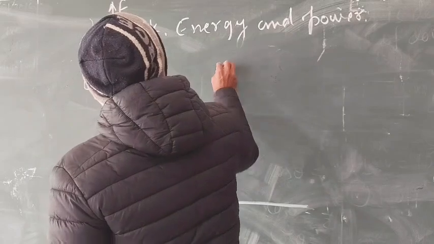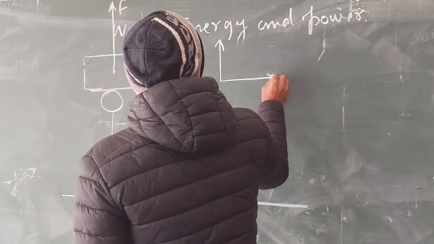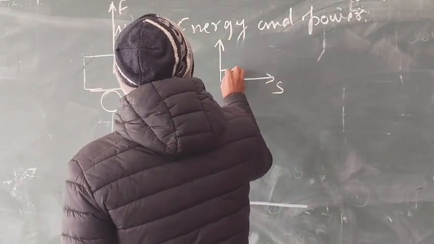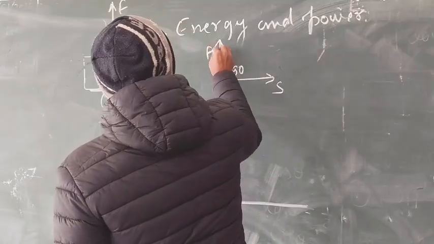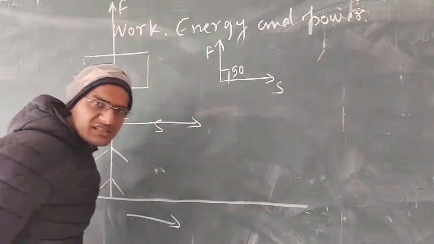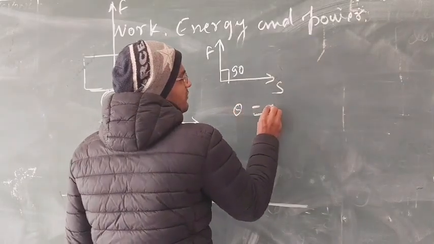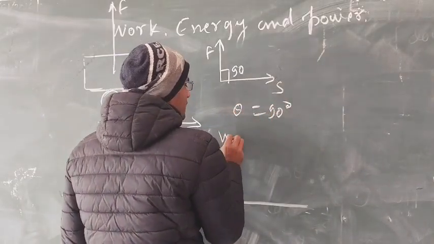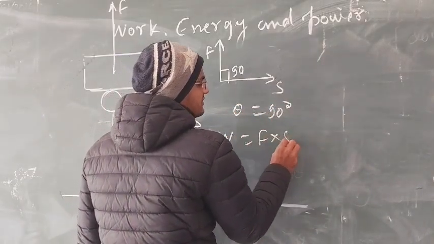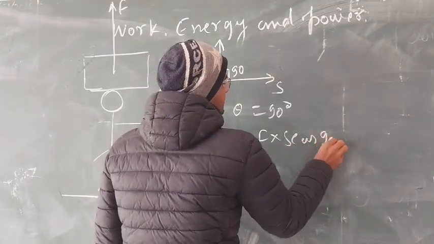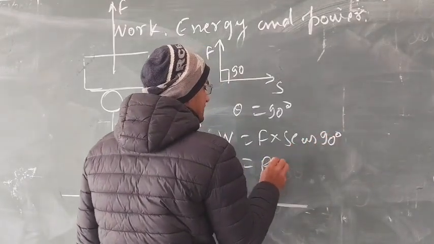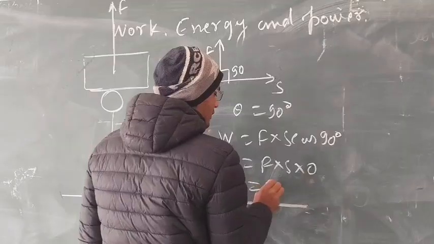So we can see here the force is in the upward direction and displacement is in the horizontal direction, so the angle between force and displacement is 90 degrees. So theta will be 90 degrees. So work done will be Fs into cos 90 degrees, and the value of cos 90 is 0.